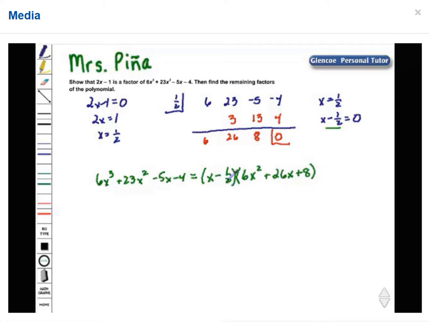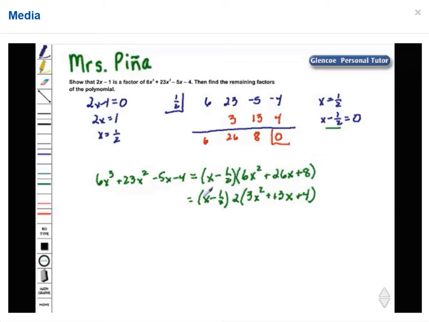Ignoring the x minus 1/2 for a minute and only looking at this polynomial of 6x squared plus 26x plus 8, every term here is even. So I'm going to leave the x minus 1/2 and I'm going to factor a 2 out of all of these terms and write this as 3x squared plus 13x plus 4. 6x squared divided by 2 is 3x squared. 26x divided by 2 is 13x. 8 divided by 2 is 4.